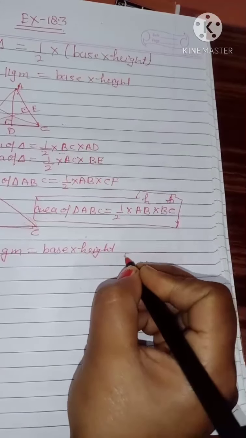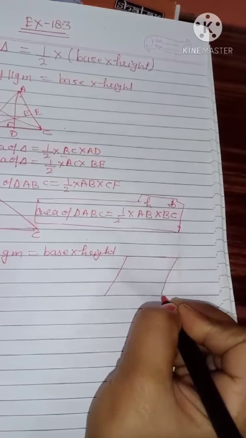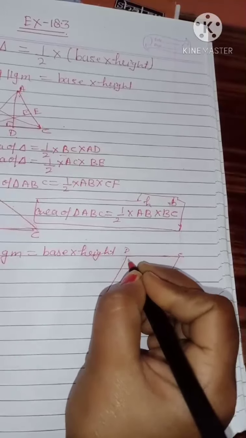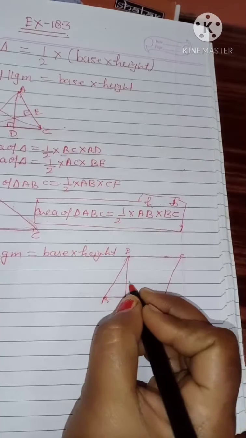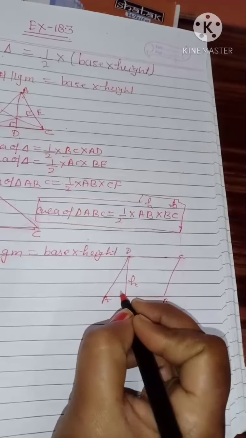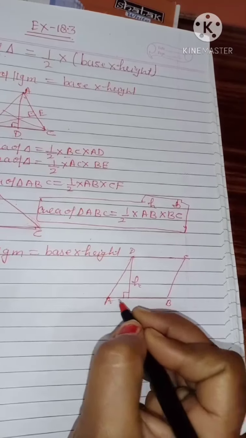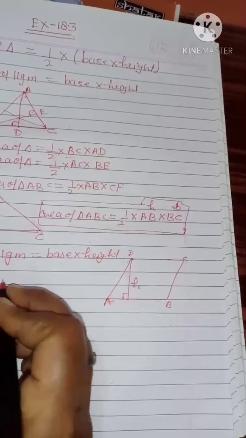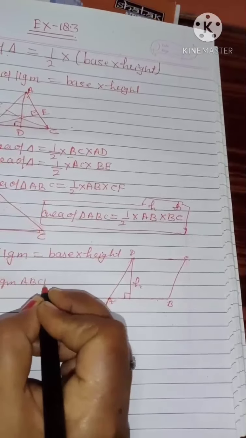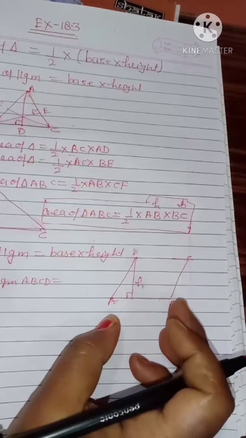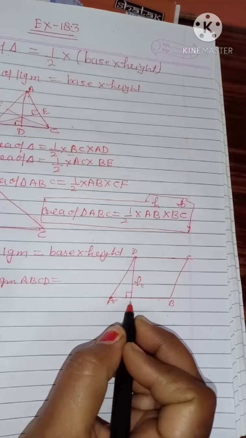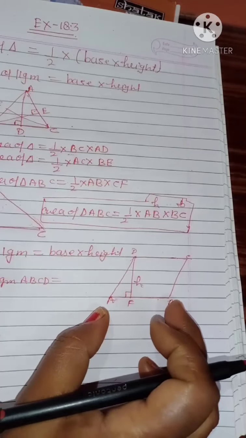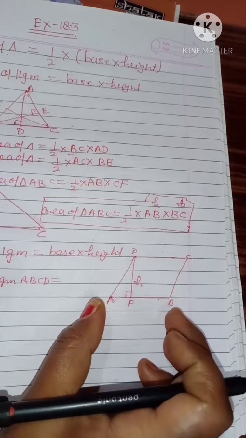Suppose this figure is a parallelogram ABCD, with vertices A, B, C and D, and its height is this H. The height makes an angle of 90 degrees on side AB. So the area of parallelogram ABCD will be equal to base, where the base is the side on which the height makes an angle of 90 degrees.